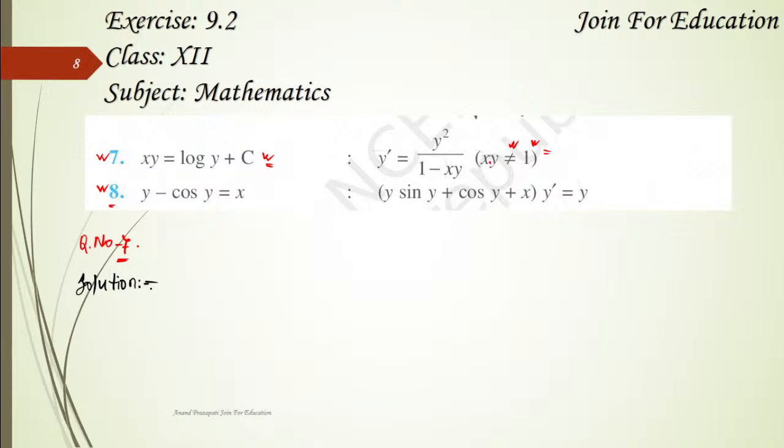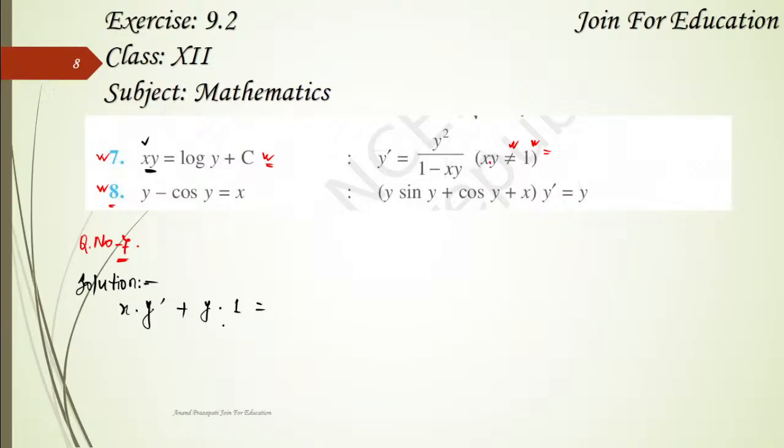From the question, it is clear that we apply the product rule. So the derivative of xy equals the first function, x, into the derivative of y, which we write as y', plus the second function, y, and the derivative of x will be 1.